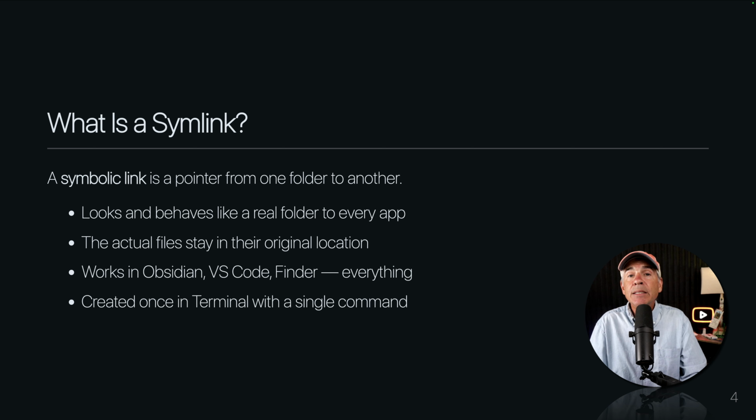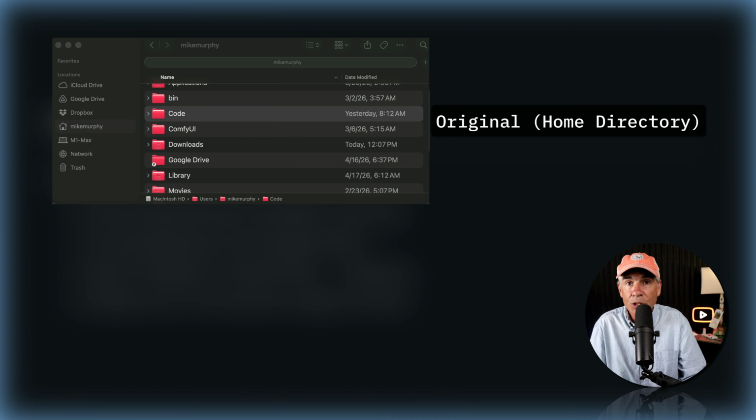So what is a symbolic link, or Symlink for the cool kids like us? A symbolic link, or Symlink, is just a pointer from one folder on your computer to another. The Symlink folder looks and behaves just like any other folder on your computer when you open it up in an application.